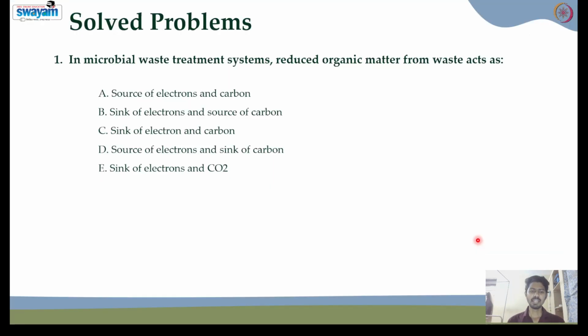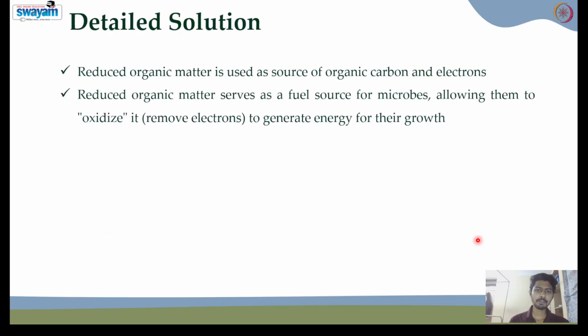So okay, let's check the answer. Yes, it is option A. The reduced organic matter is a source of carbon and electrons, right? It acts as a fuel source for microbes, allowing them to oxidize it to generate the energy for their growth.